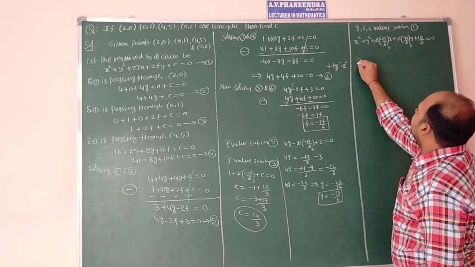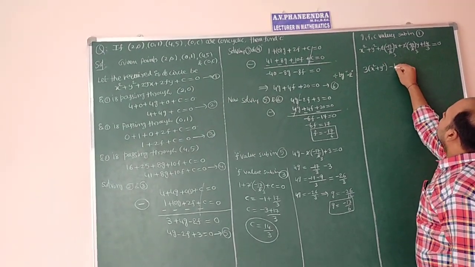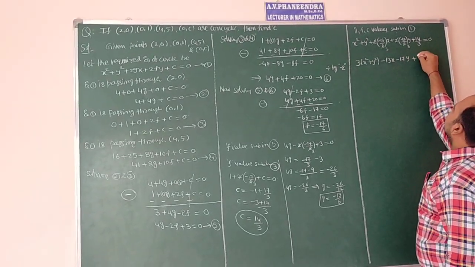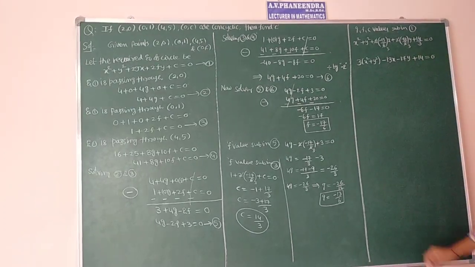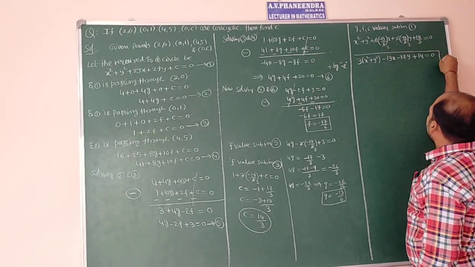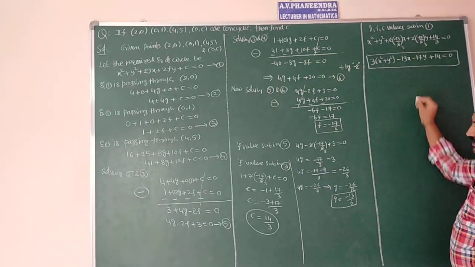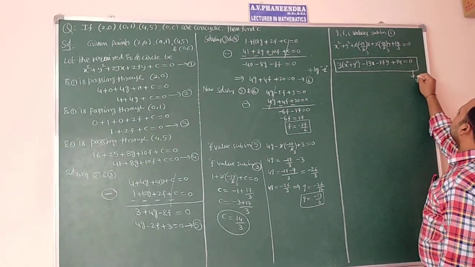Take LCM: 3 into x square plus y square minus 13x minus 17y plus 14 equal to 0. After taking LCM I am writing directly. This is the required equation of the circle passing through the given points. This equation we have to write as equation number 7.